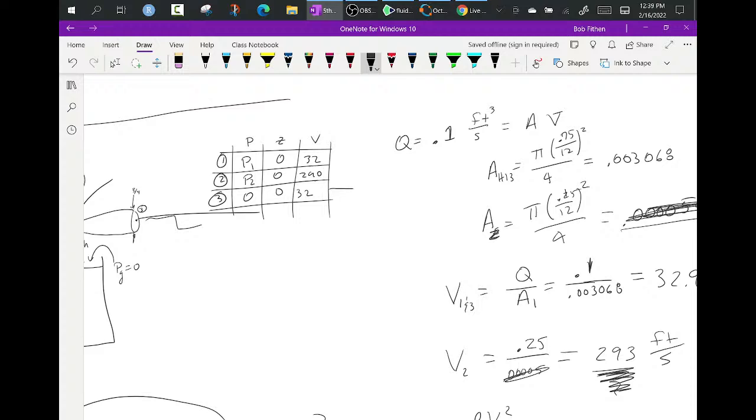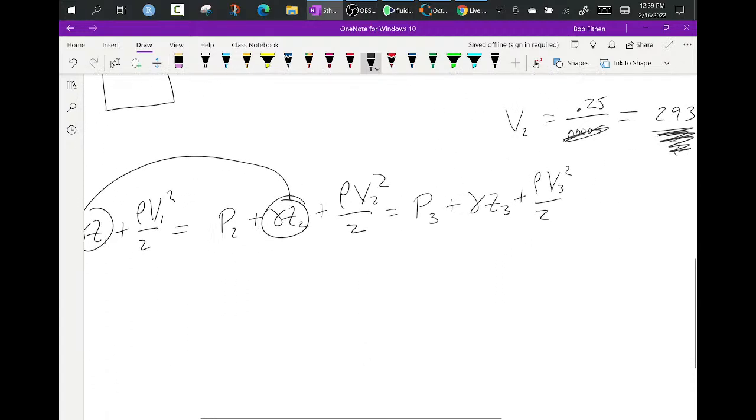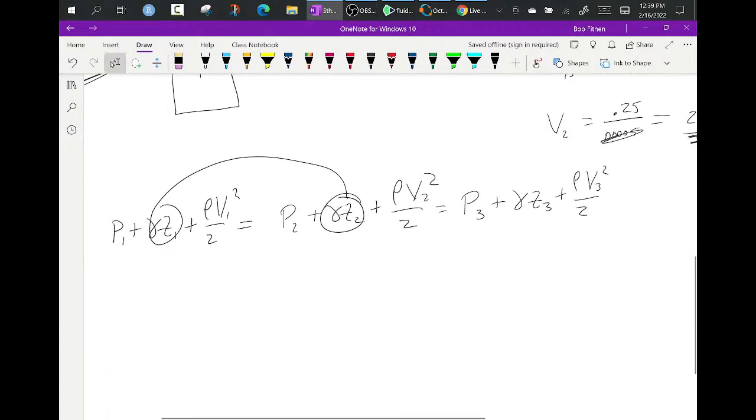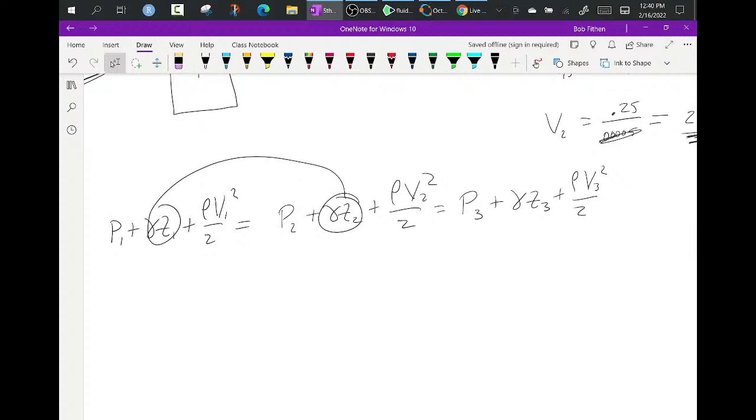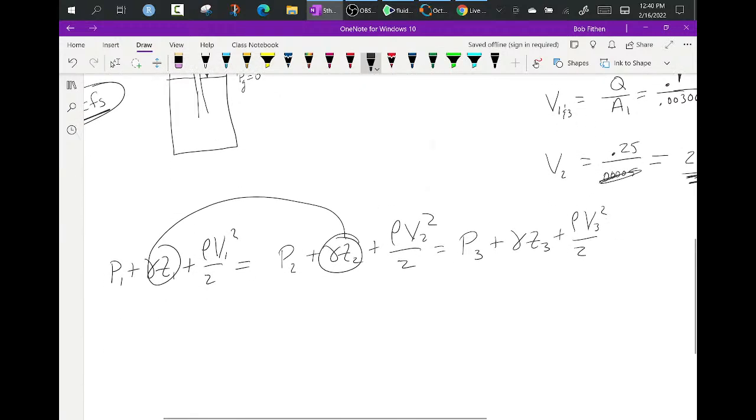At this point, I know everything here, so I can find this pressure, P1. We're going to end up with something interesting. We're working between 3 and 2. I don't care about 1.